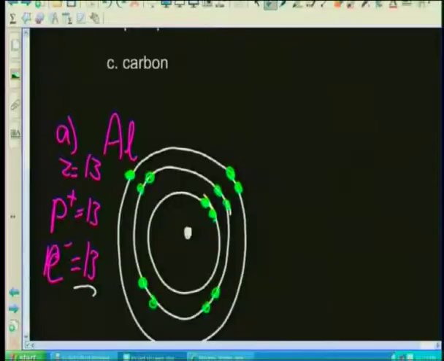Very important principle. And I want to write that down so that you can remember it. So let's just go back to the diagram so we can see that. We're going to say here, take note that the group number, or the column number, the group number is 13 here.